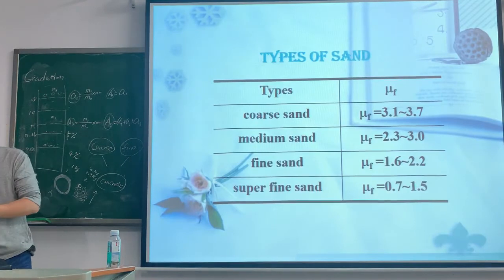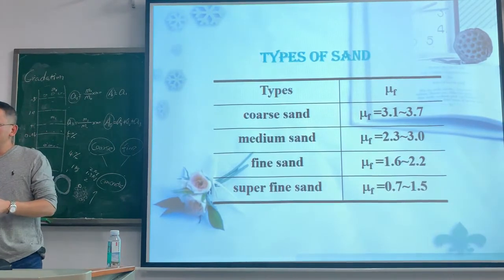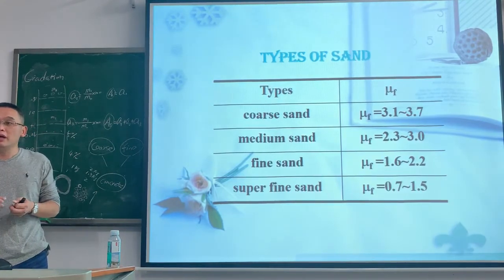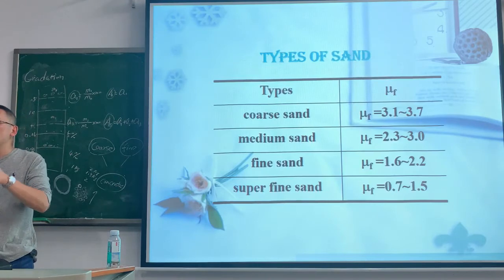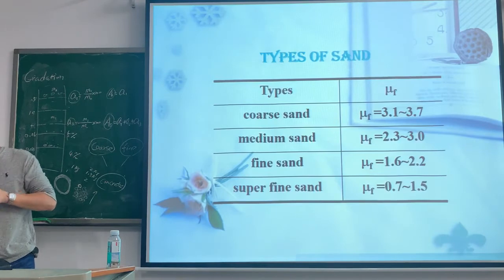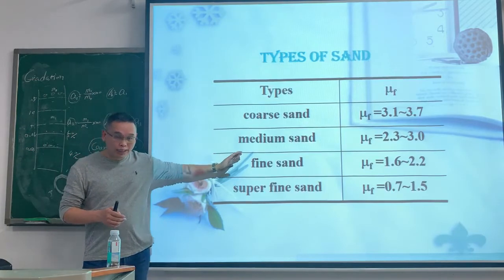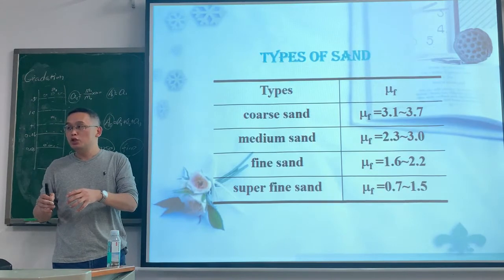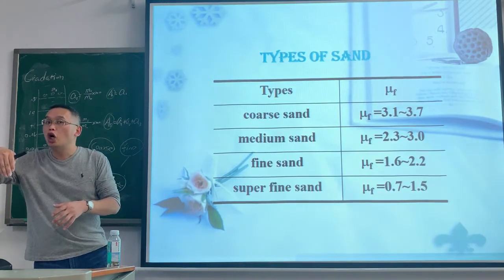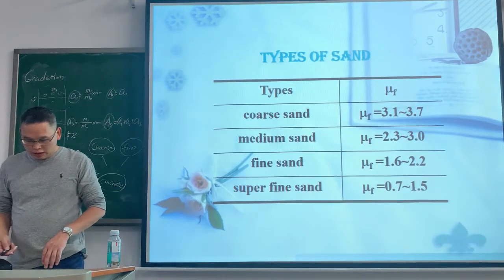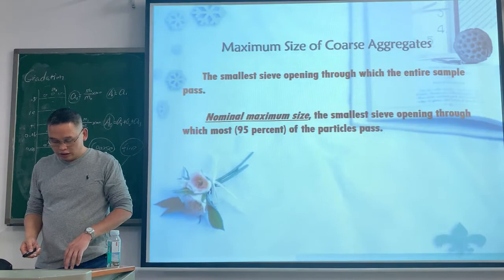It means we need to use much more cement and water, especially the cement, because in concrete, the cost of cement is the most expensive. So we are likely to use some coarse aggregate to decrease the amount of cement paste. Okay, great.